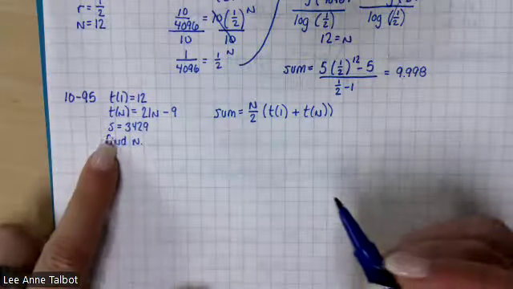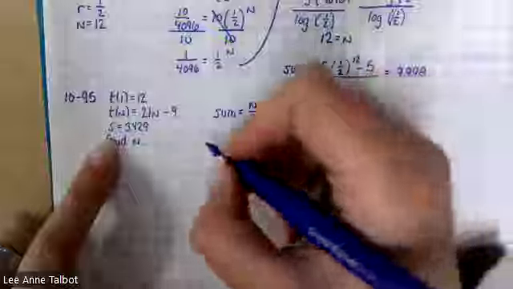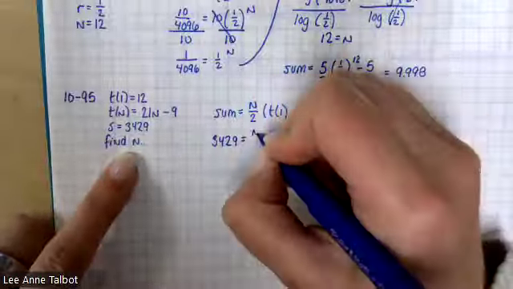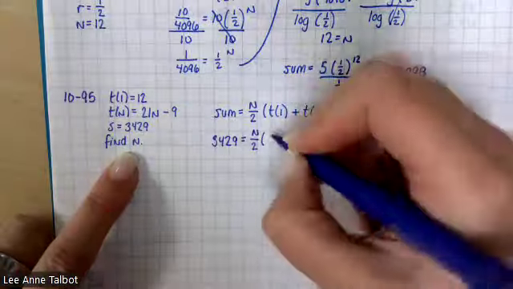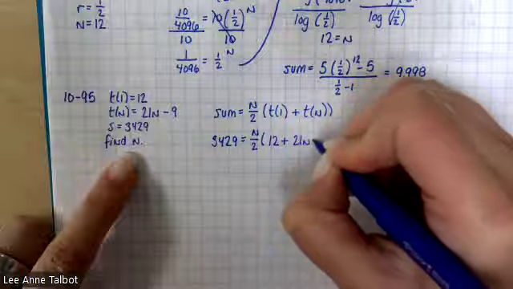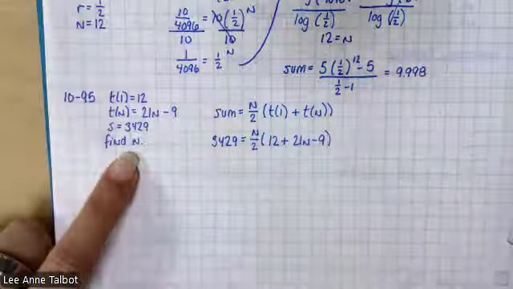So the sum, this big S stands for sum, by the way, 3429 equals n over 2 times first term plus last term.